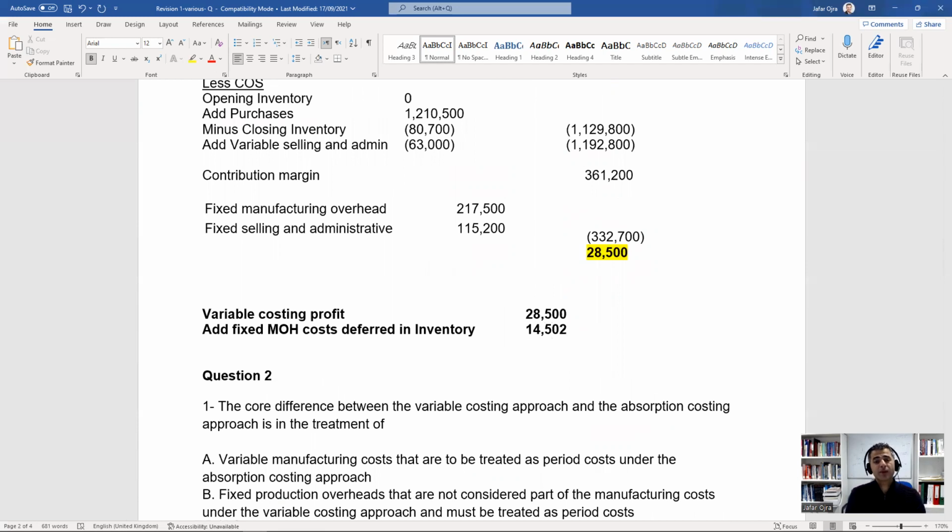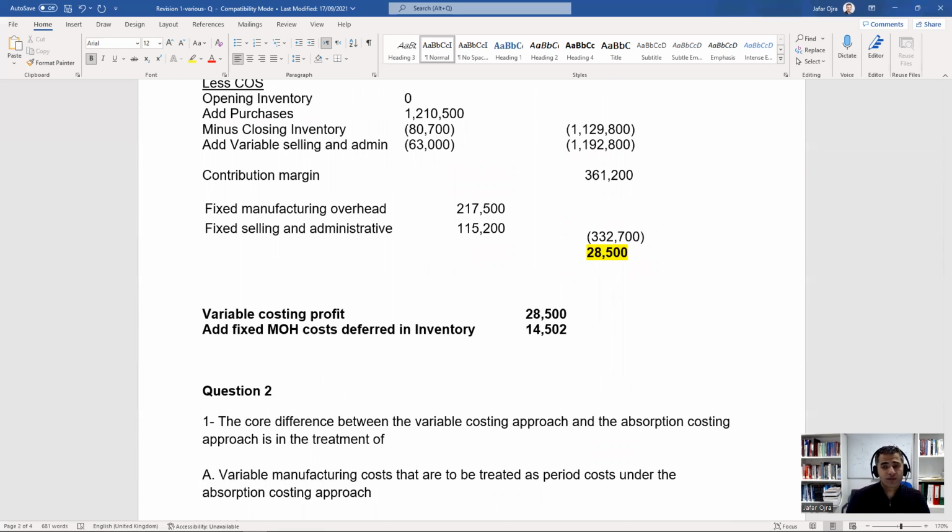Okay, so variable costing profit plus the fixed manufacturing overhead cost deferred in inventory gives you the absorption costing profit, which happens to be 43,002.